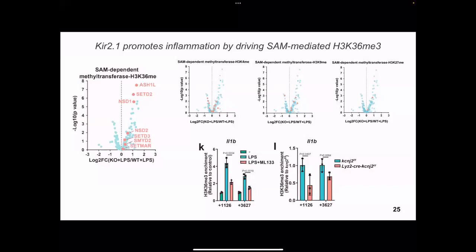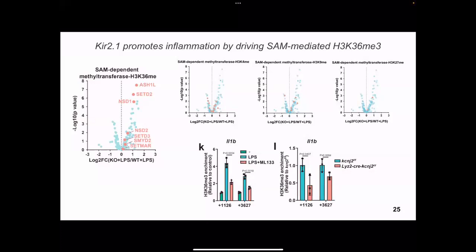Also, because the main distribution of H3K36 trimethylation is usually in a wide range of the gene body regions, we call it a SAM sink. So it is reasonable that H3K36 methylation is more sensitive to SAM production for gene expression.